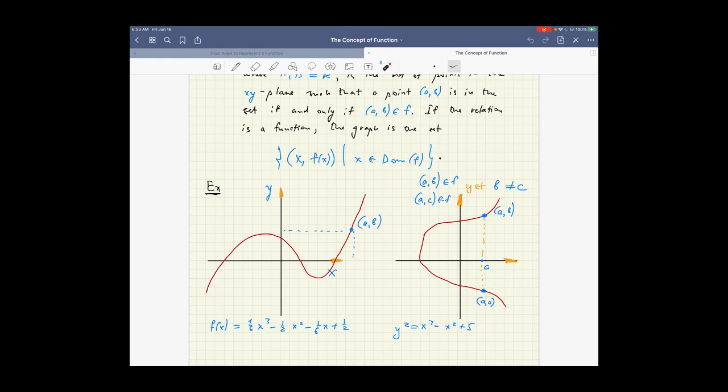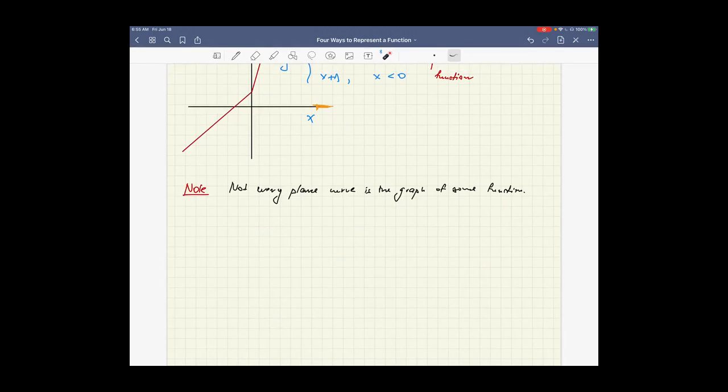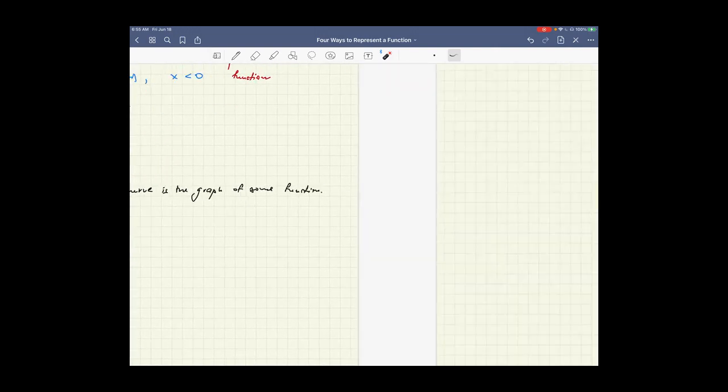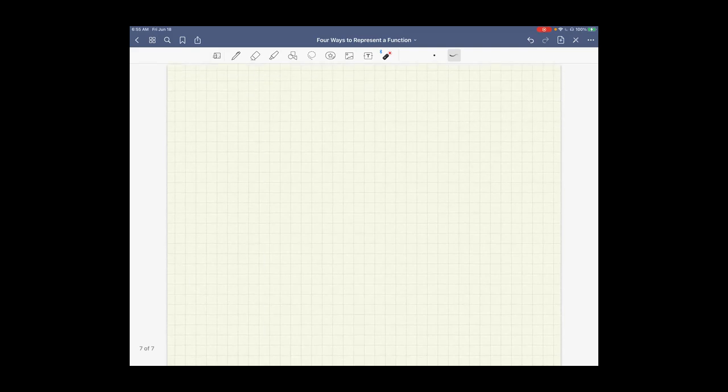We formalize this observation in a theorem called the vertical line test, which establishes a necessary and sufficient condition for a curve to be the graph of a function.